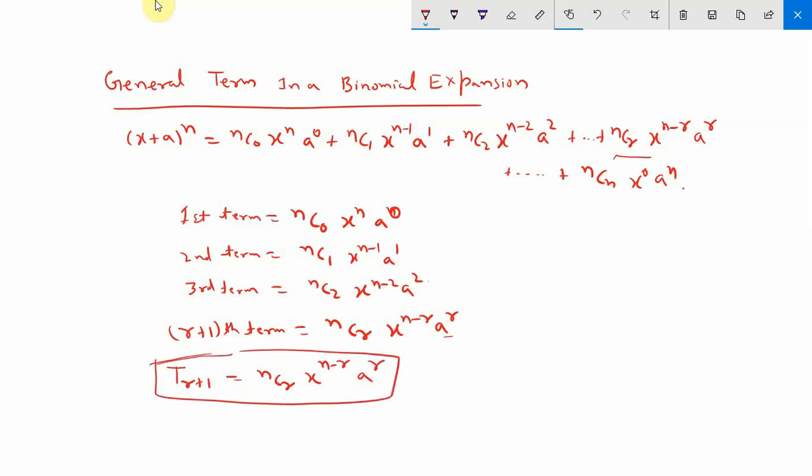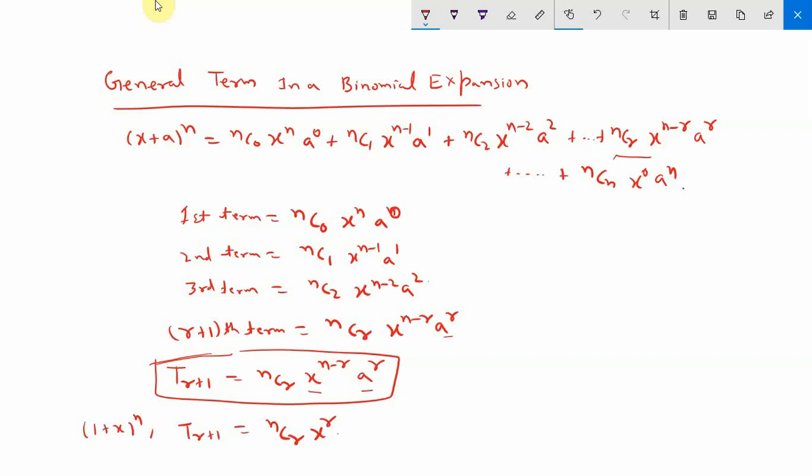Okay, this term is in (x + a)^n. If we have to find the (r+1)th term in (1 + x)^n, here T(r+1) will be equal to nCr into x^r, replacing x by 1 and a by x.